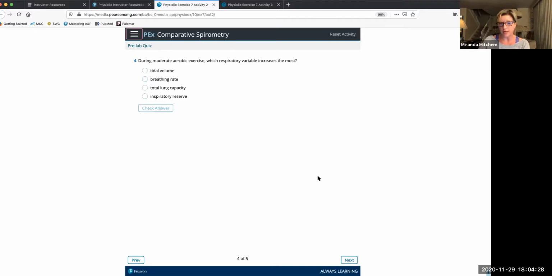During moderate aerobic exercise, which respiratory variable increases the most? This would be the tidal volume. Inhaler medications for an asthma patient are designed to rapidly introduce active ingredients. Well, it is true that when you breathe things in, it does get it into the body quicker for most things, but that's not the goal of the rescue medications for asthma. They are designed to counteract the bronchoconstriction.